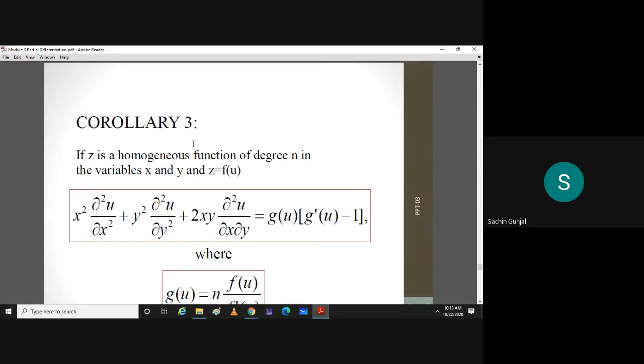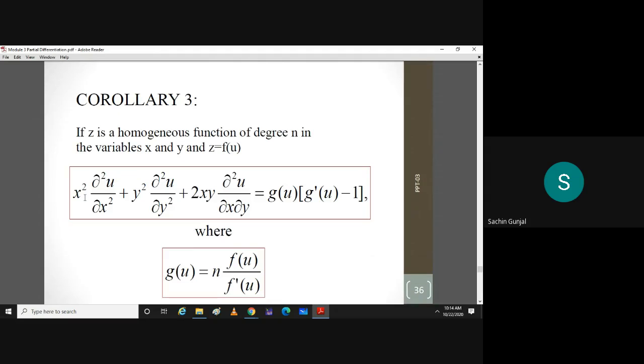Given function u of xy is non-homogeneous, but z is equal to f of u is homogeneous of degree n, then the value of x square ∂²u/∂x² plus y square ∂²u/∂y² plus 2xy ∂²u/∂x∂y is equal to g of u into g dash u minus 1, where g of u is n into f of u upon f dash u.